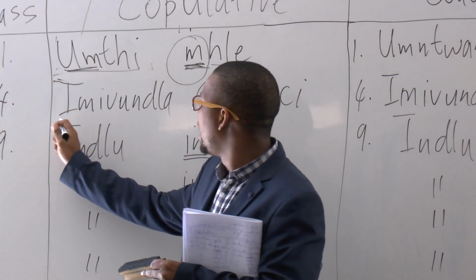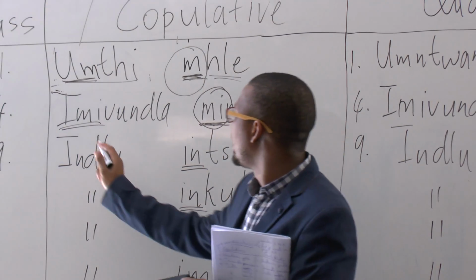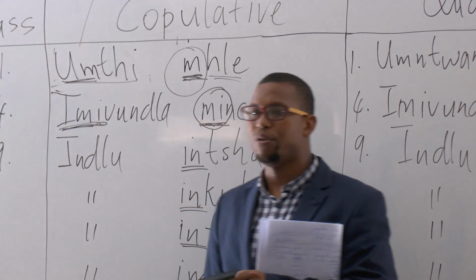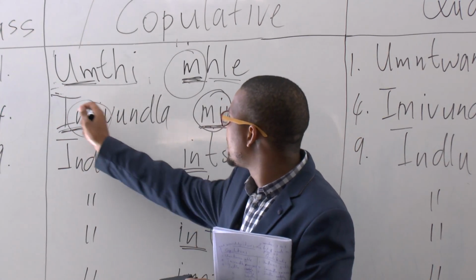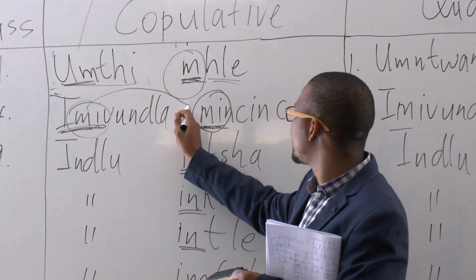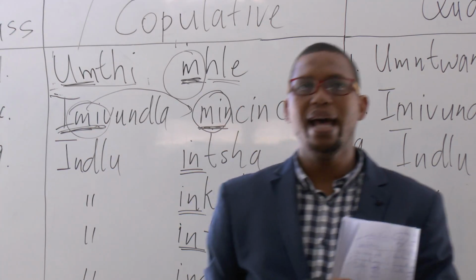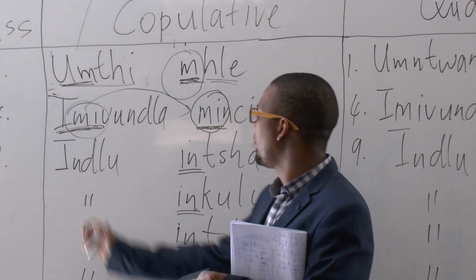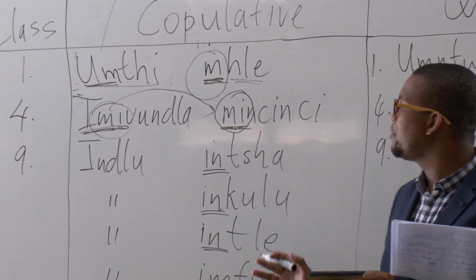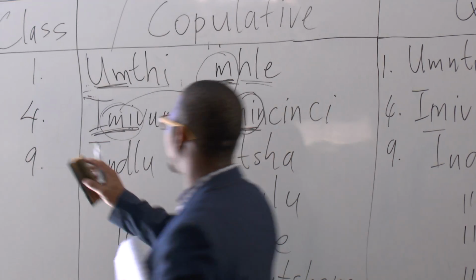If you take a look at the noun imivundla, our prefix there is imi, and the copulative part comes from the prefix imi. Imivundla mincane, the rabbits are small.